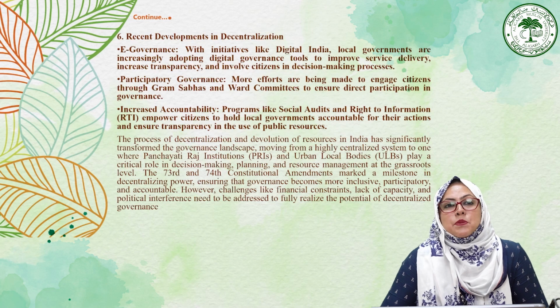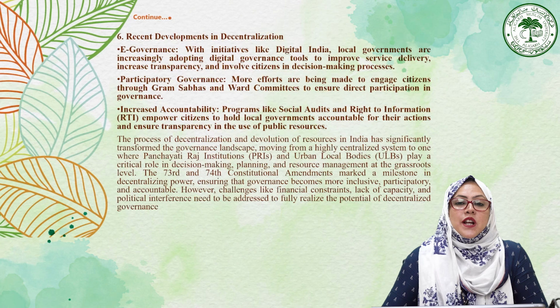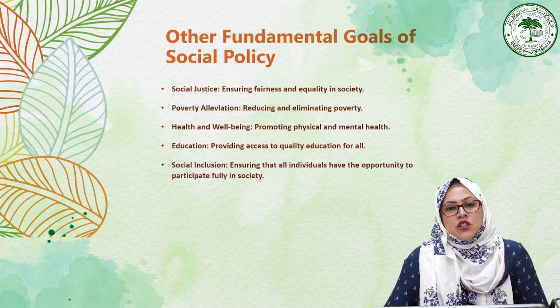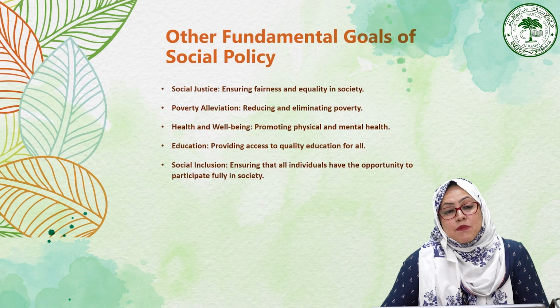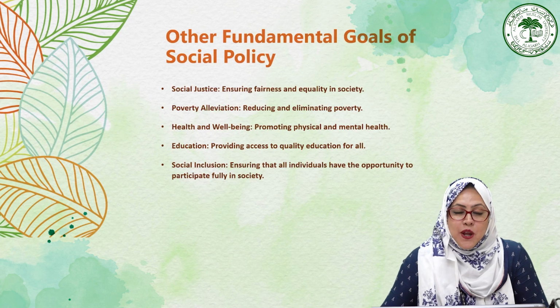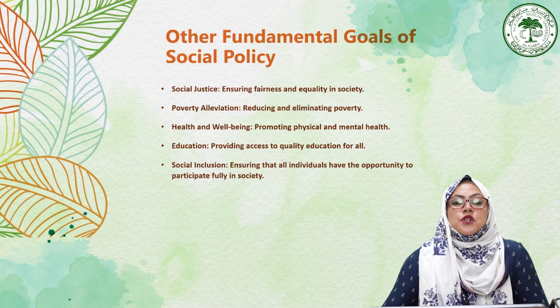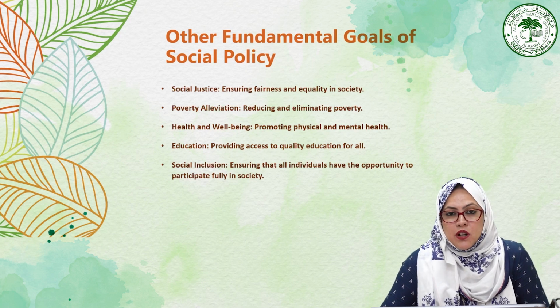Secondly, it is a principle or a course of action, a guideline or a rule which gives a sense of direction, in what manner the policy has to be formulated and in which direction it has to move. Thirdly, it is a purposive course of action. When we say it is a purposive course of action, it means that policy has to have certain objectives and goals, and there is a framework behind that action, because it is a continuous process of providing welfare, providing maximum benefit to the larger population.